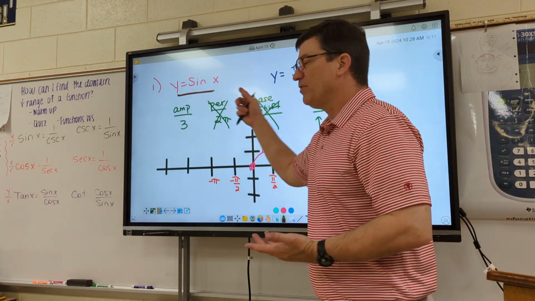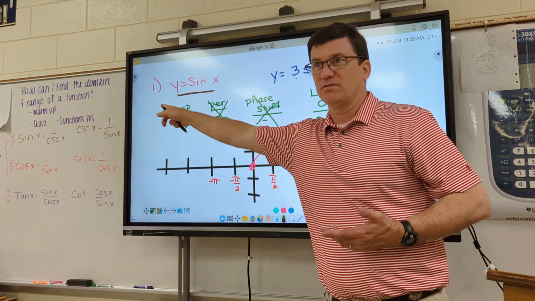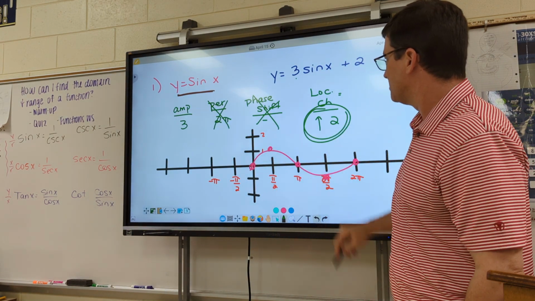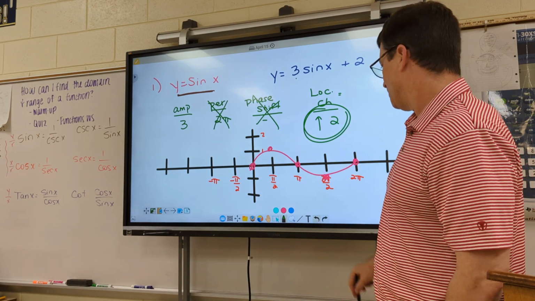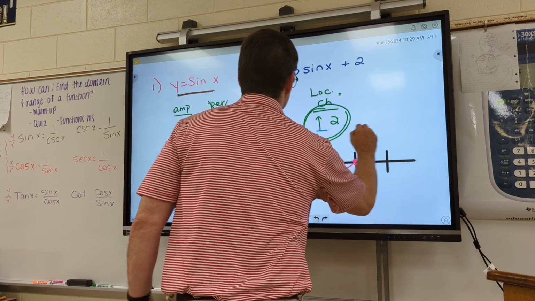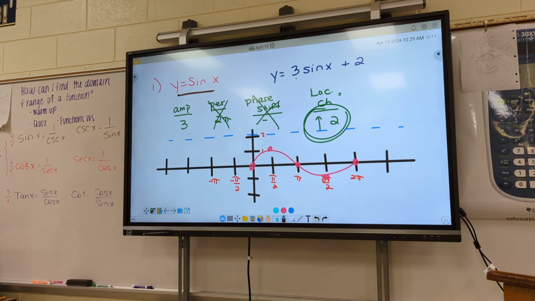So when you have more than one thing you have to change, I want you to start in the back and work your way to the front. Okay? So first thing we got to change, location change, up 2. Easy one. What we're going to do is put a dotted line up 2. Everybody draw a dotted line. Up 2, straight across, a dotted line.